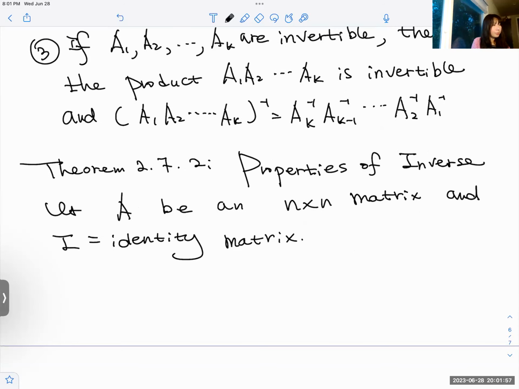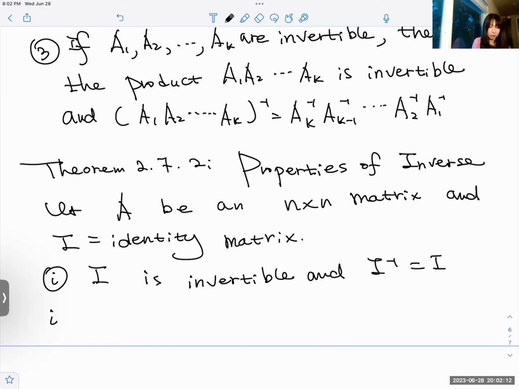Okay, now I want to denote this one. I is invertible, and this one is the same as that.